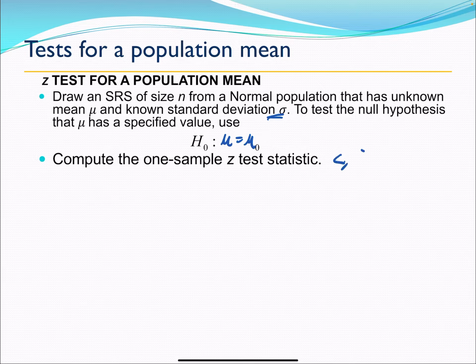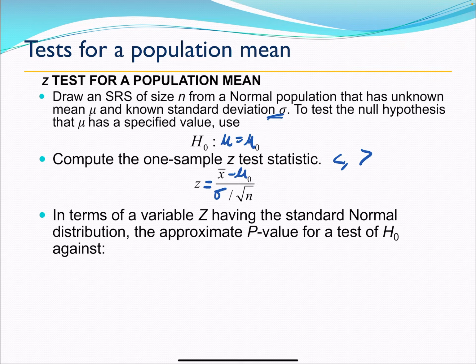This is for less than or greater than, and then we'll do it for two-tailed. So we have that, under our null hypothesis, z is our sample mean minus our population mean over our standard deviation over the square root of n. So in terms of z, having the normal distribution, our approximate p-value for our H naught is going to be the tail.